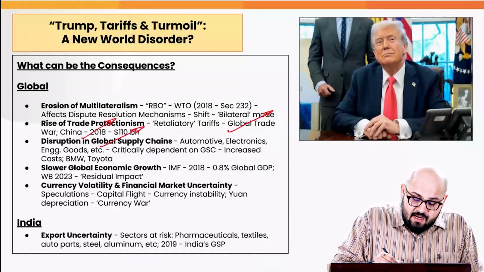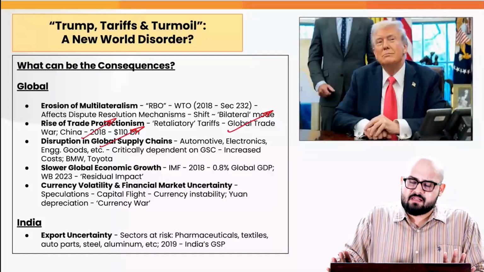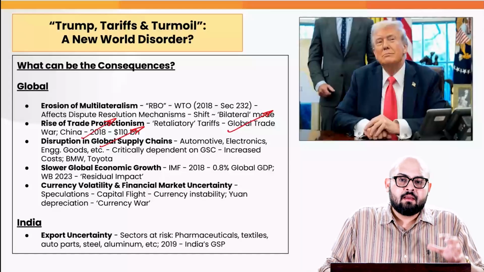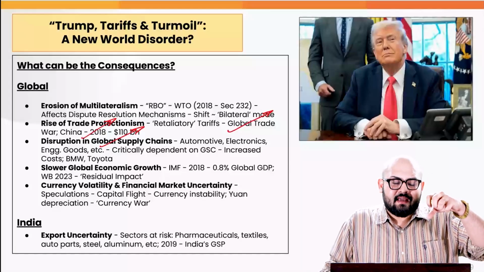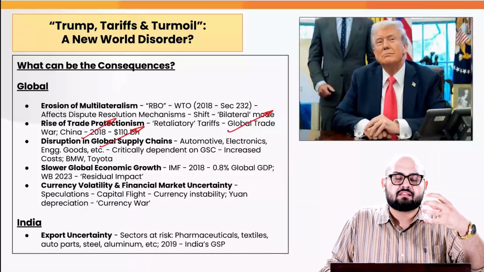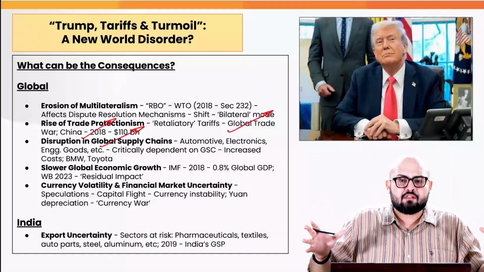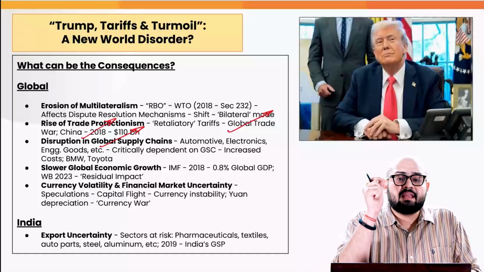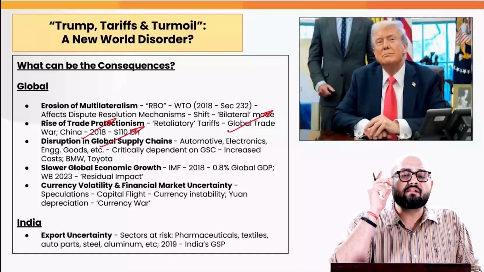Next aspect is disruption in the global supply chains. See, please understand, in the kind of global economic setup we have, products are not manufactured in a specific place. What I mean to say is every product has some intermediate goods, and they are sourced from different countries around the world, right? And for that, we need a very efficient global supply chain.